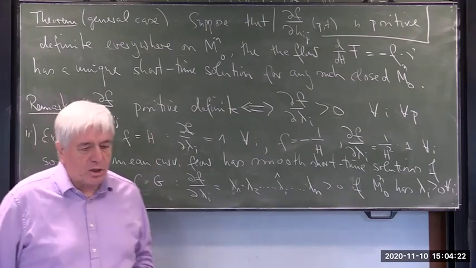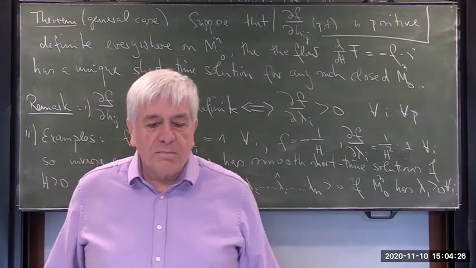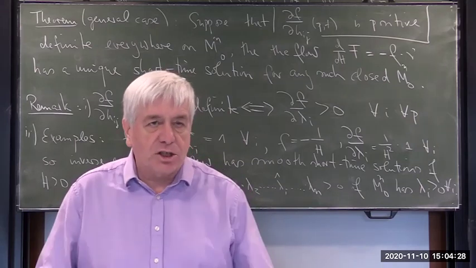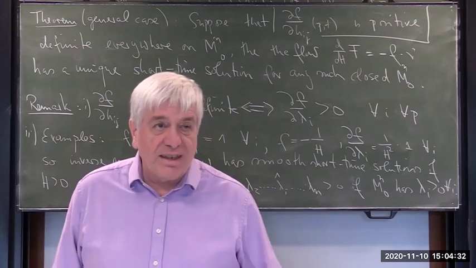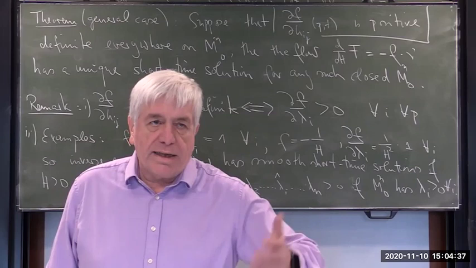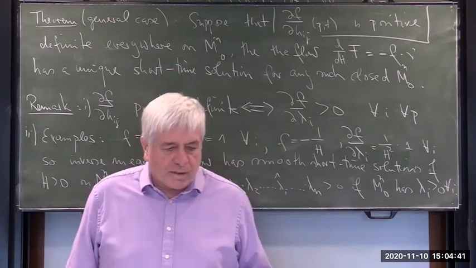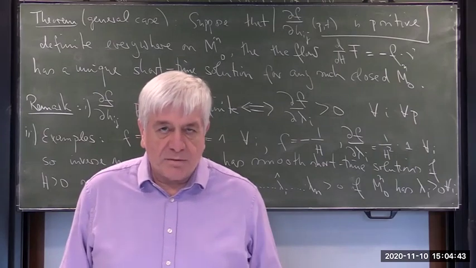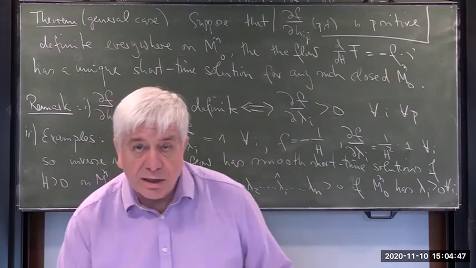Now, once you have such a short time existence result, the question comes, how does the solution change? How does the shape change? And for that, you need evolution equations for all the quantities. In that other lecture, I recommended to you last week, this computation has been done for mean curvature flow. So let's see how this works out in the general setting.